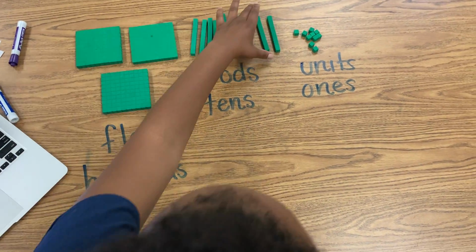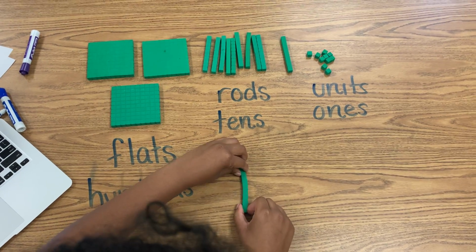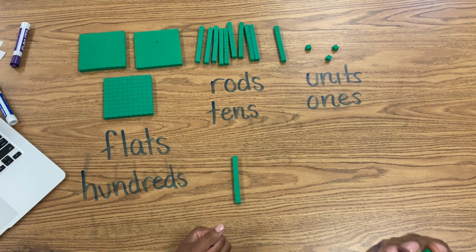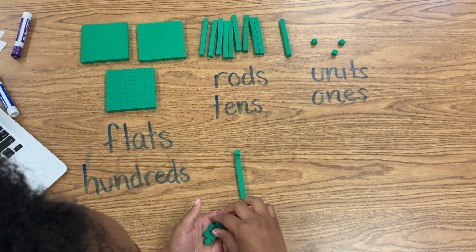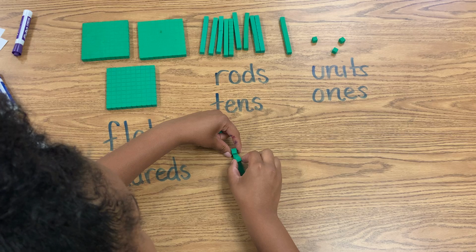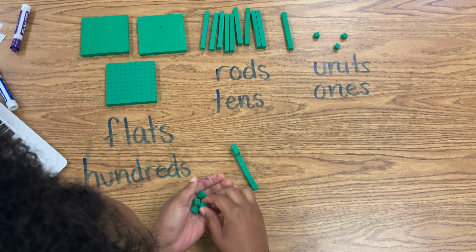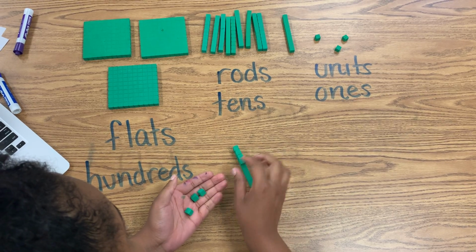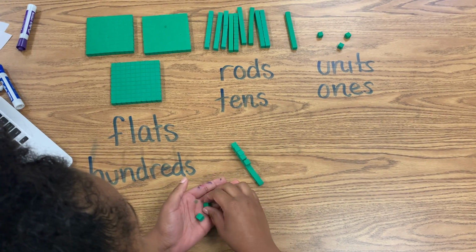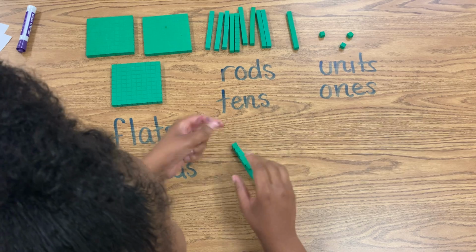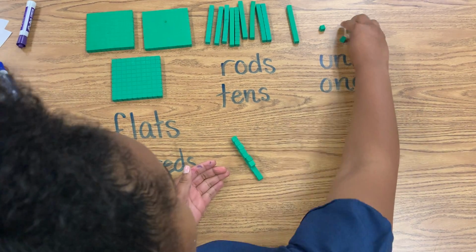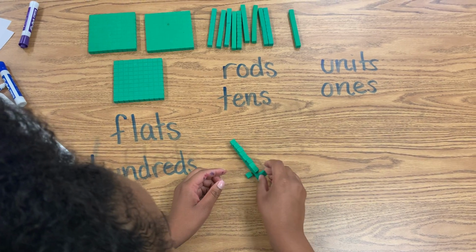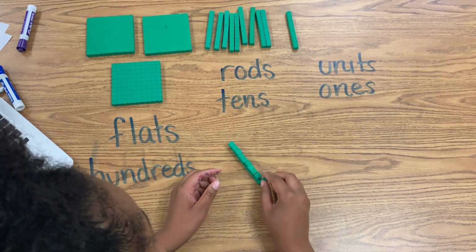I'm going to take one of my rods, I'm going to lay it down nicely, and watch what happens when I put these units on top. I'm going to line them up neatly and nicely on top. I got 1, 2, 3, 4, 5, 6, 7, 8, 9, 10.